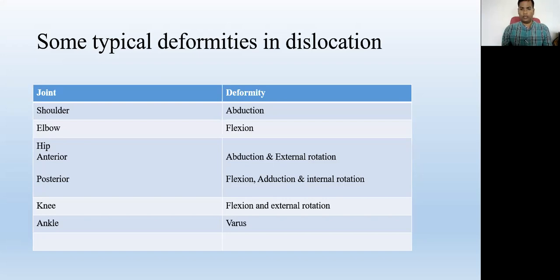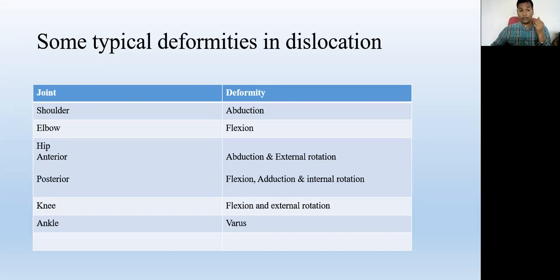So when the shoulder is dislocated anteriorly, the patient is unable to keep his arm at the side of the body, always keeping it aside. Some kind of abduction deformity is there in anterior dislocation of the shoulder.